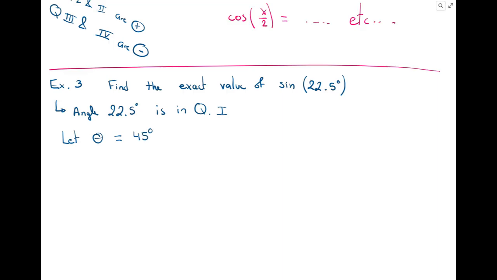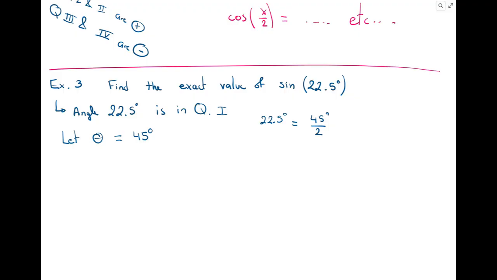Now, why would I want theta to be 45? Because 22.5 degrees is equal to 45 degrees divided by 2. So I'm going to use that fact because I can compute sine and cosine values of a 45-degree angle. We know that it's in our unit circle, just not 22.5.